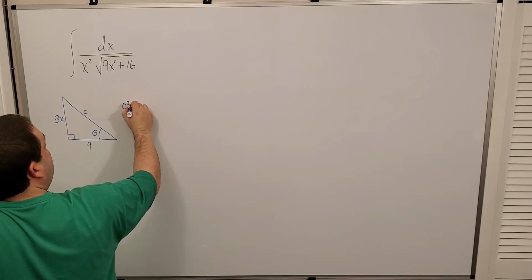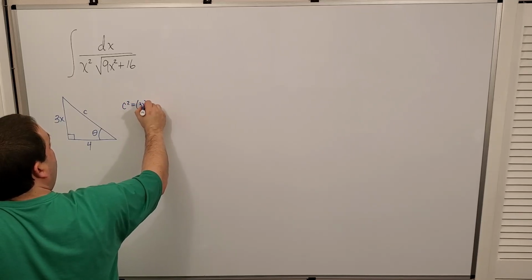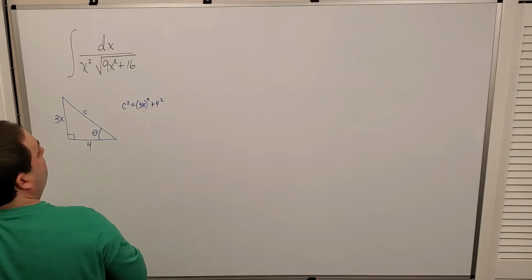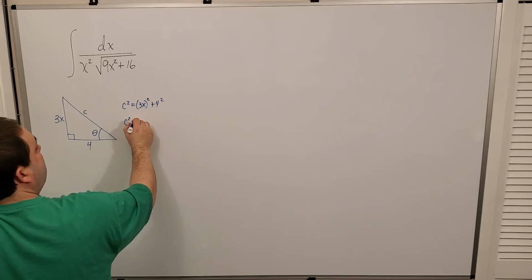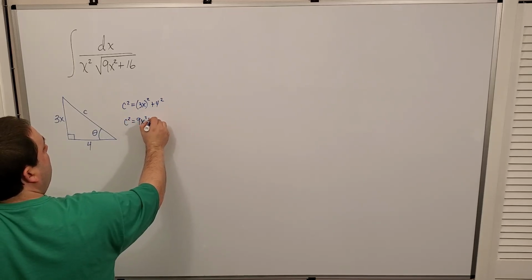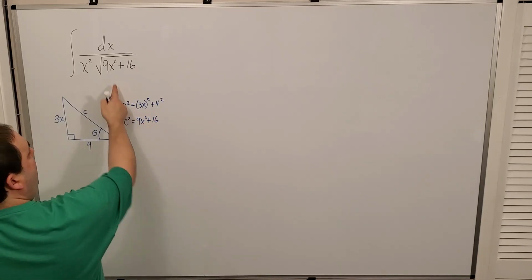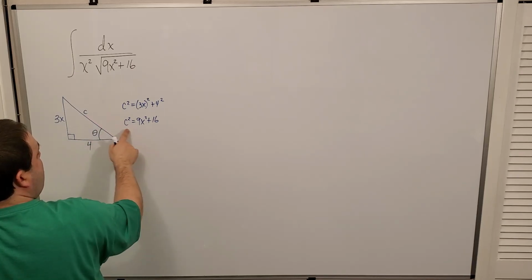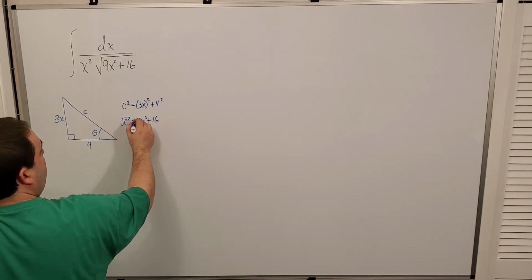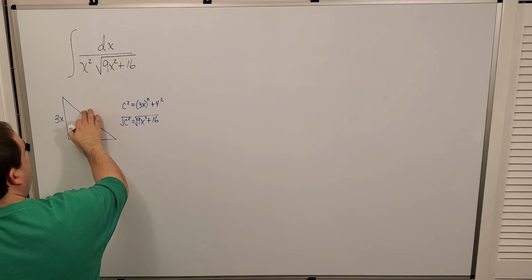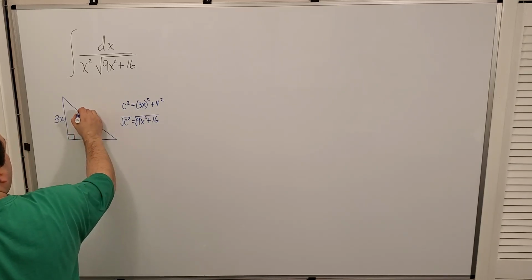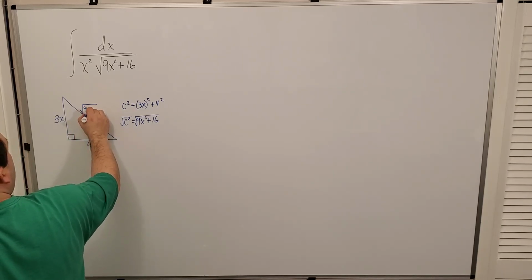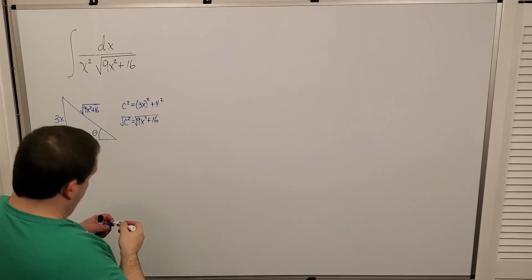Then c squared is equal to 3x squared plus 4 squared, which means that c squared is 9x squared plus 16. And that should happen, right? I want to see that kind of binomial again. And therefore, c is going to be the square root of this. So instead of c here, I'll put square root of 9x squared plus 16 as the length of the hypotenuse there.